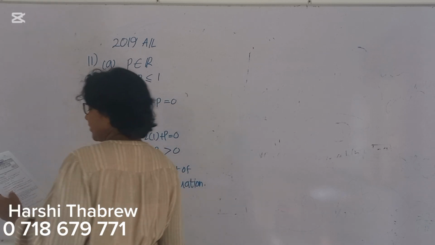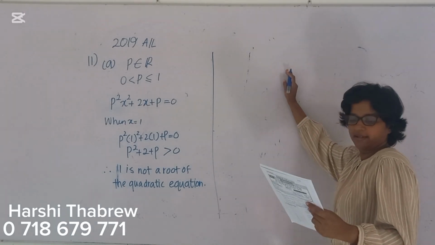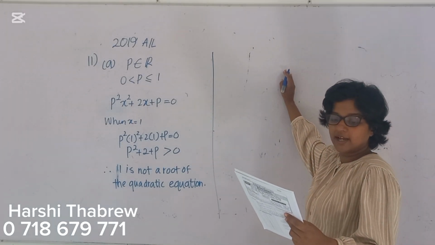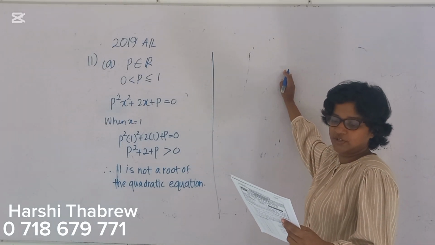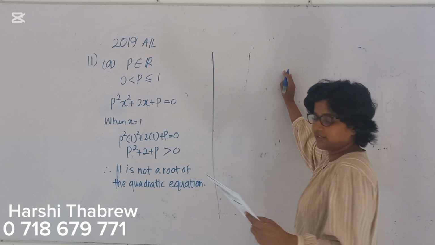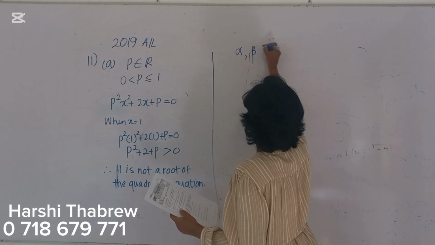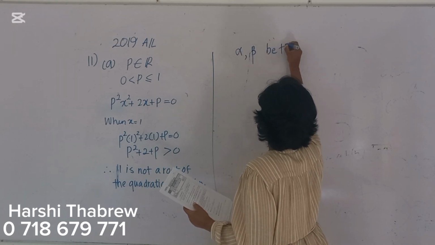Okay, let's move on to the next part. Let alpha and beta be the roots of this equation. Show that alpha and beta are both real.